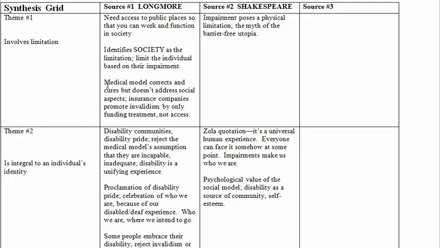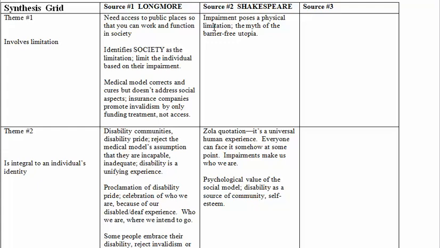I also focused on the fact that he mentions that the medical model of disability corrects and cures, but doesn't address the social aspects that limit a person. I referred to his part where he talks about the way that insurance companies promote invalidism by only funding treatment and not access.